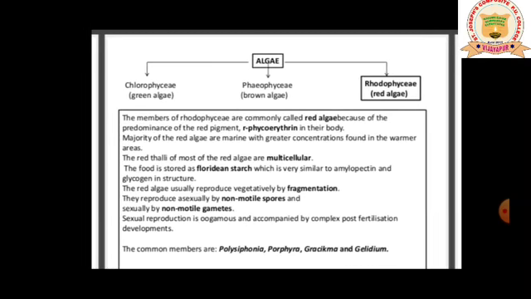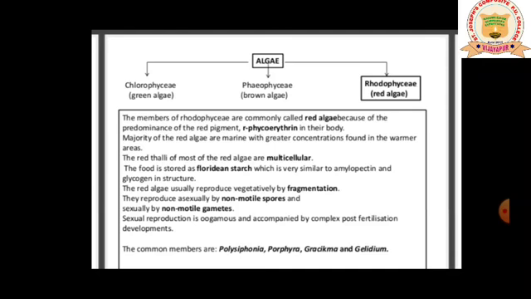Now coming to the rhodophyceae, commonly known as red algae, containing pigments chlorophyll A and D. Along with A and D, it contains phycoerythrin as a pigment which gives the red color to the red algae or rhodophyceae. The stored food material in the red algae is floridean starch.